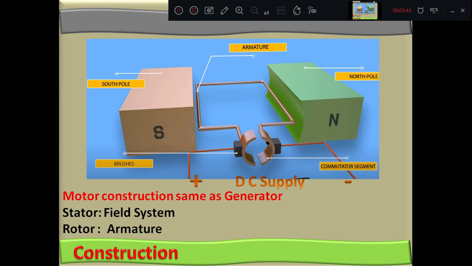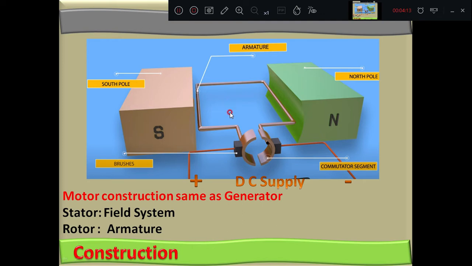DC power means it is nothing but voltage and the current. That is the input to the armature here. Then what output are you expecting from the motor? That is a mechanical energy in the form of rotation of the armature conductors. That is, the input to the armature is the electrical power, and the output you are getting in the form of a rotation, that is the mechanical energy.